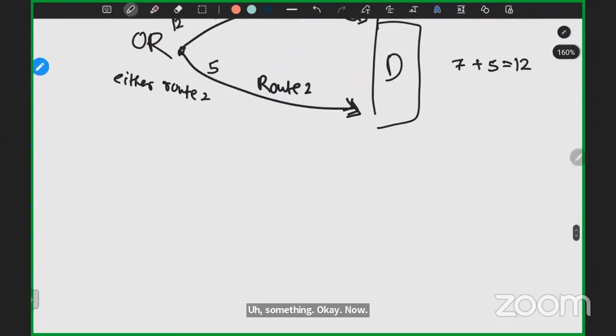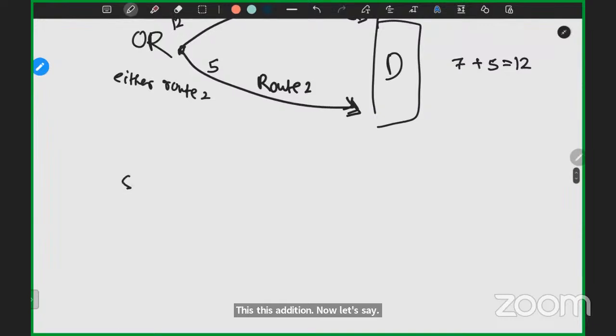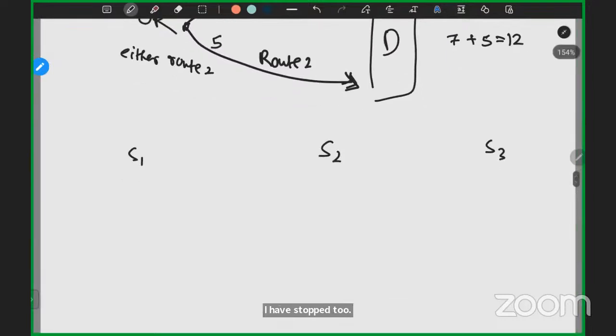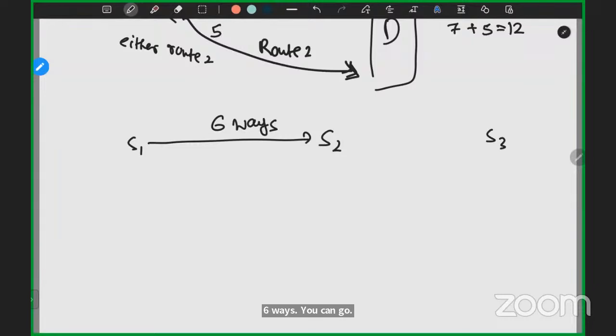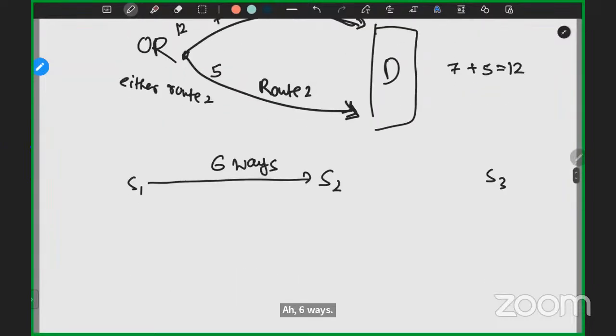Now let's say this is my stop one. I have stop 2, and there is another, stop 3. From stop 1 to stop 2, there are 6 ways you can go.